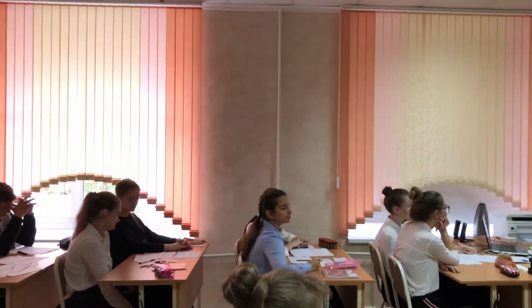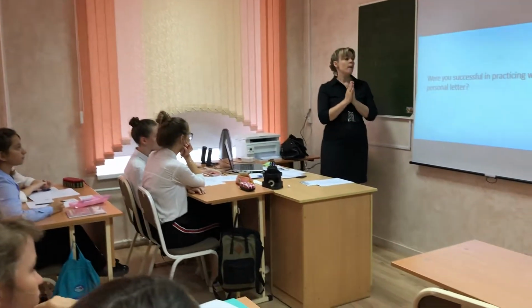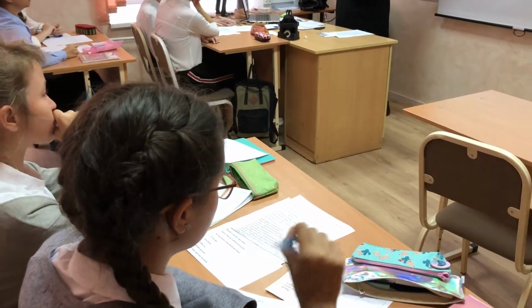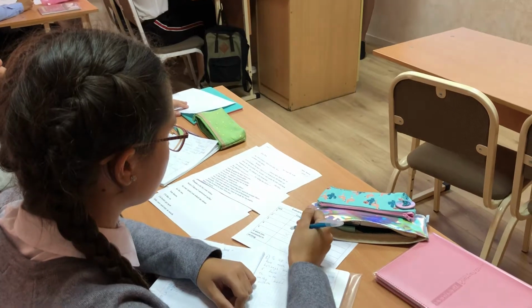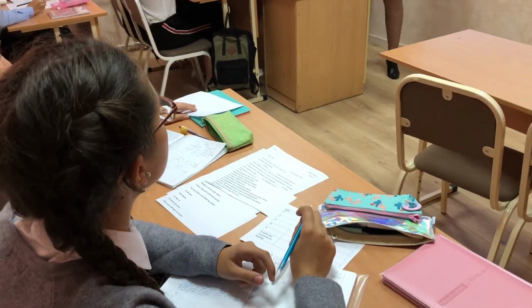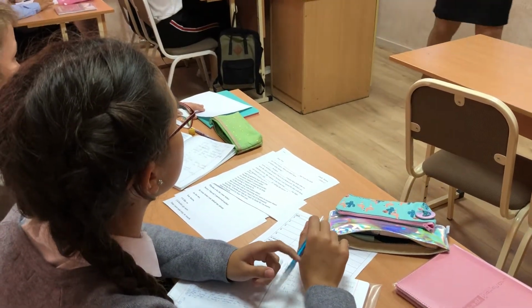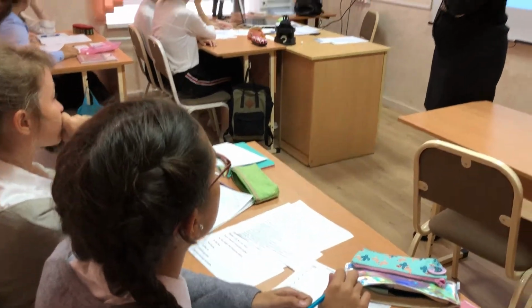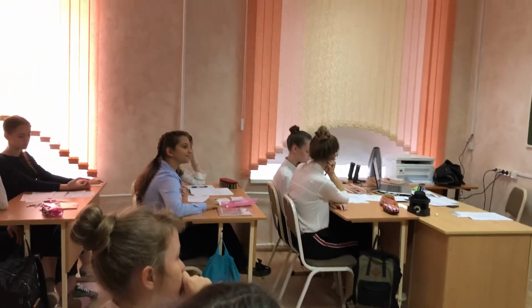Okay, so take your evaluation sheet again. And you have the last question. Were you successful in practicing personal writing? You know that the number of marks should be 5. But criteria. And now I want to ask you, when can you put yourself an excellent 5 points?